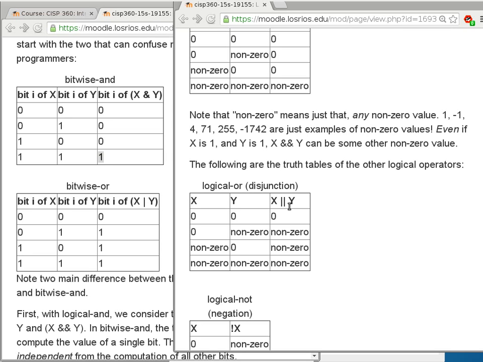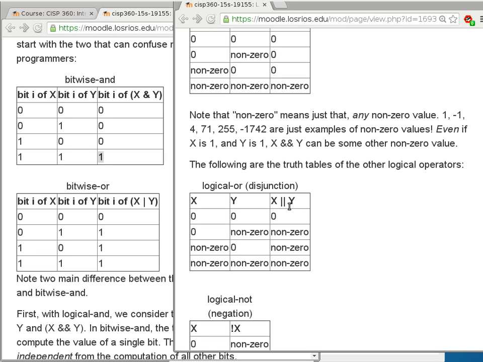But the operator itself is also confusingly similar, because the bitwise operator is the single version of the logical operator. And that's where most people make mistakes: they forget the double ampersand, and instead they type one single ampersand, which is syntactically still correct, but it means something different. All right? Okay.